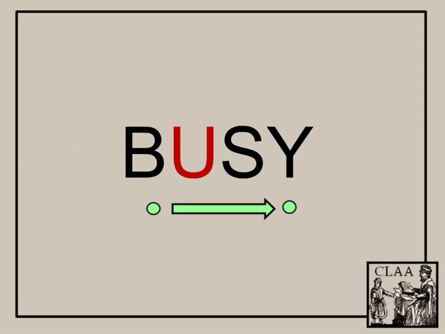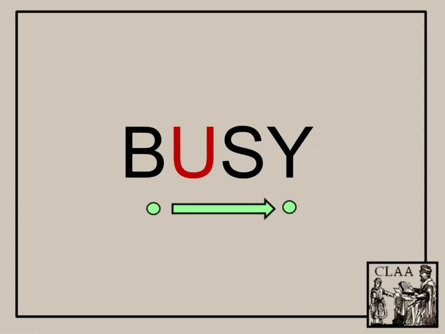If we look at this word, we see the English vowel U followed by a single consonant sound. It looks like we should read this word boozy, boozy, but that would be wrong. This is an irregular word.